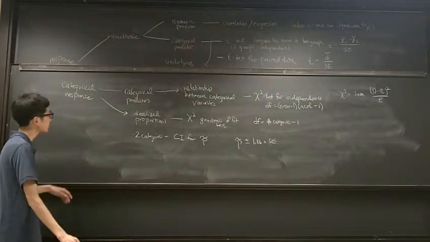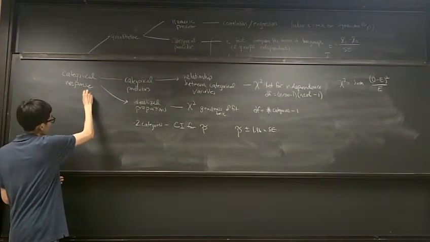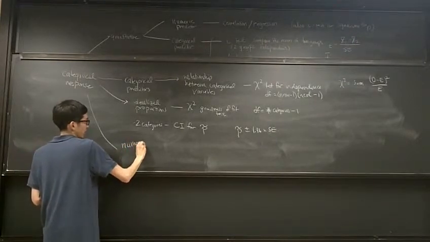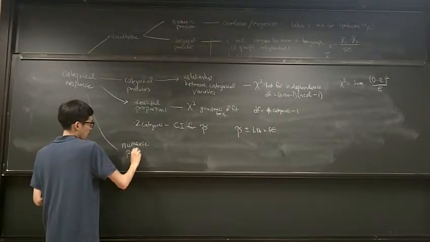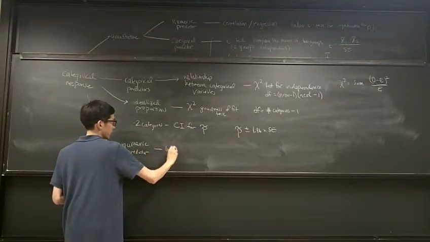And we did not cover this next one, and you don't need to know it. In case you ever run across a situation where you have a categorical response and a numeric predictor, you will use logistic regression.